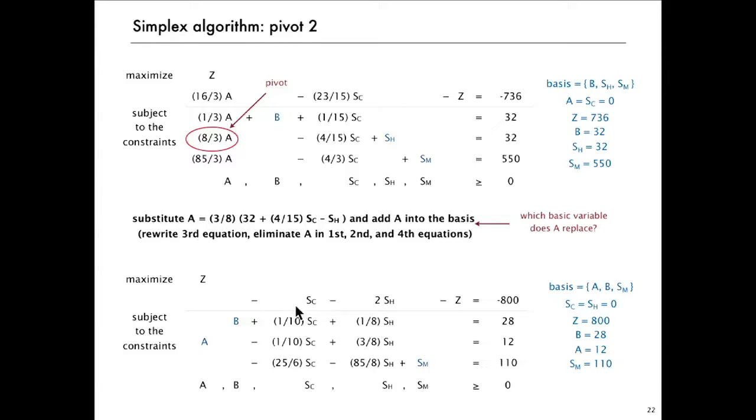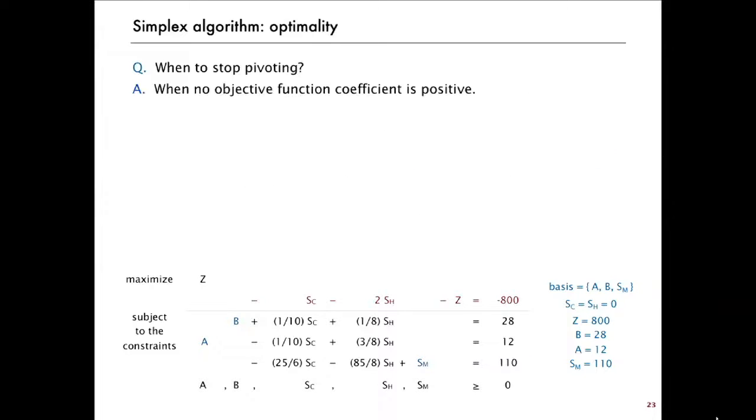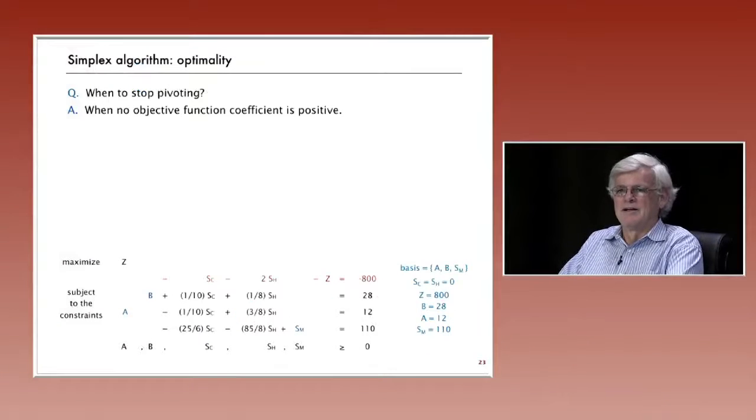That's again just doing the math. Now, what's interesting about having done the math here is that we don't have any positive coefficients in the objective function. So these two variables are zero now, but if we take them out of the basis and get a bigger value, that's going to be no good. So we're stuck, and that's the same as saying that's the time that we stop pivoting. If we go in any direction from where we are, we're not going to do as well.